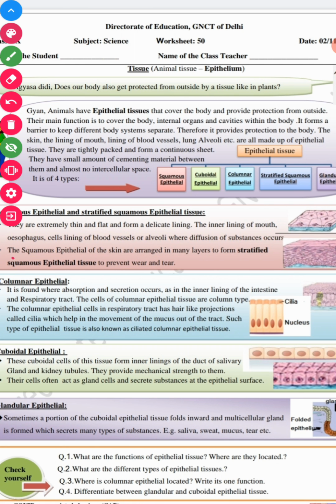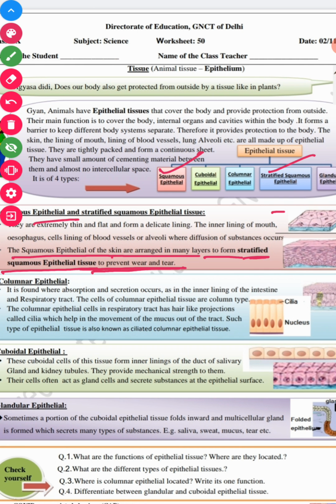The squamous epithelium of the skin is arranged in many layers to form stratified squamous epithelium tissue, to prevent wear and tear, right? So this is all about your first, squamous epithelium tissue and stratified squamous epithelium tissue.